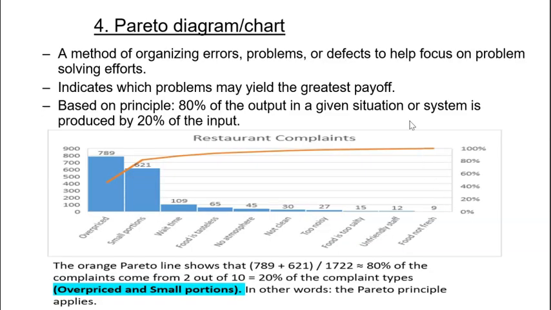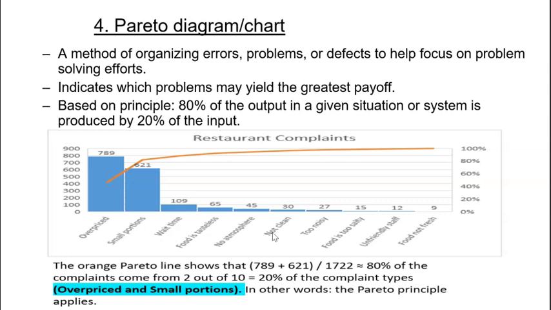And also we have the Pareto chart, which is a method of organizing defects, problems, and errors, so that we can focus on which one we are going to look at. And usually we use the 80-20 Pareto rule, in which usually 80% of the output in a given situation is produced by 20% of the input.